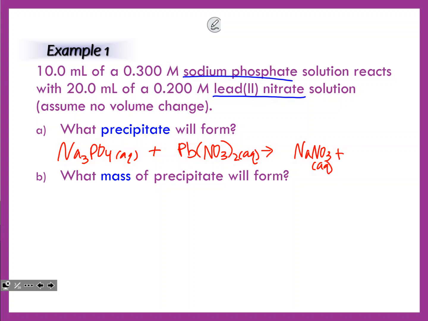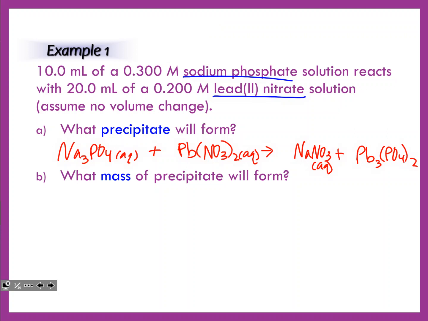So now we look to our other product, which means the lead(II) is combining with the phosphate. So we do Pb what? 3, PO4, 2. Now, thinking to our SNAP and our solubility rules, is that going to precipitate? Yes, phosphates are typically insoluble.